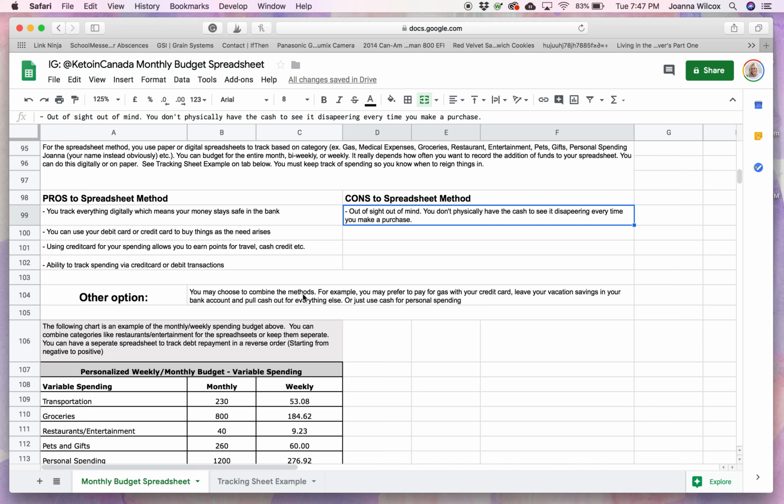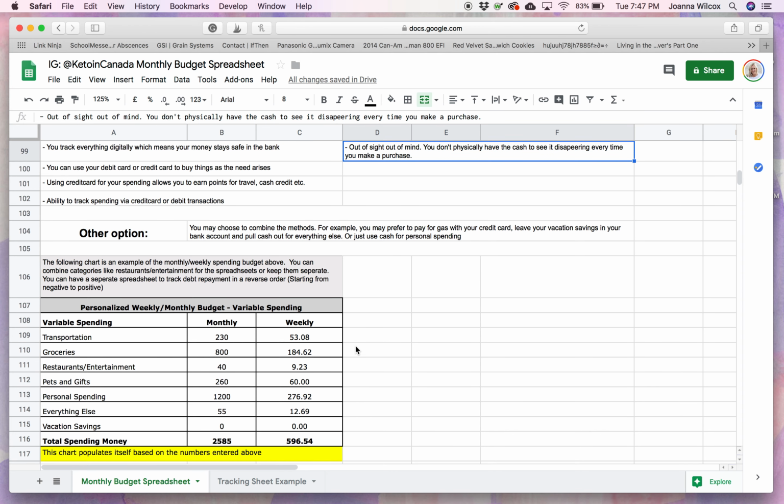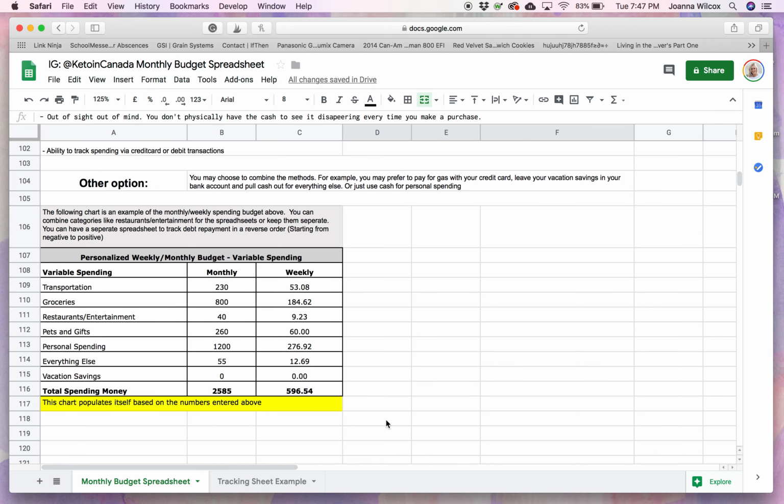So those expenses I would track digitally, and perhaps even groceries I would track digitally. But let's say for restaurants and personal spending, just allowances, I prefer to hand out cash to my family or to my husband so that it's really their own money and it's free for them to do what they want, and I don't have to then track it myself at that point.